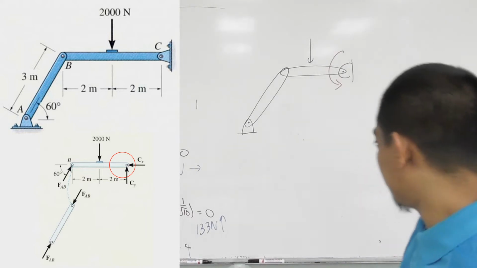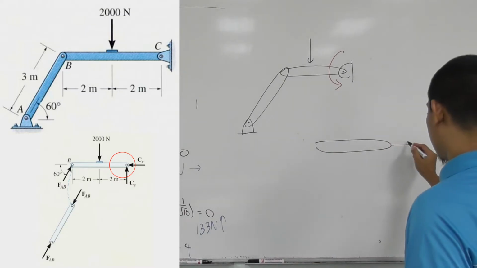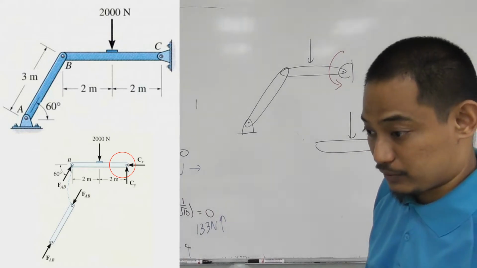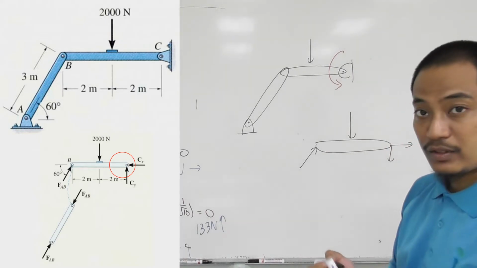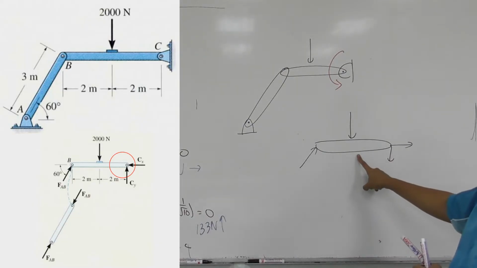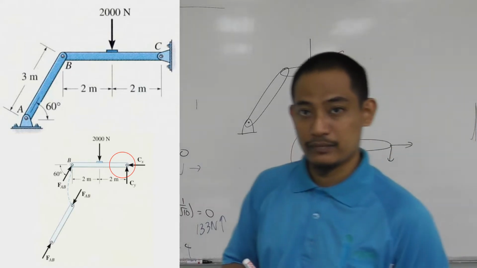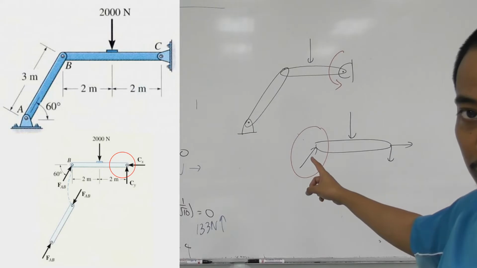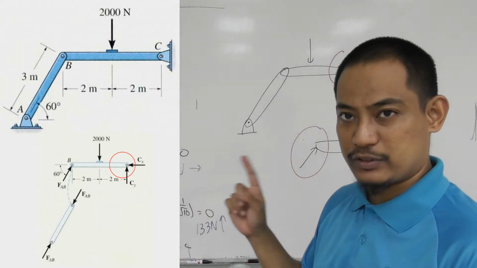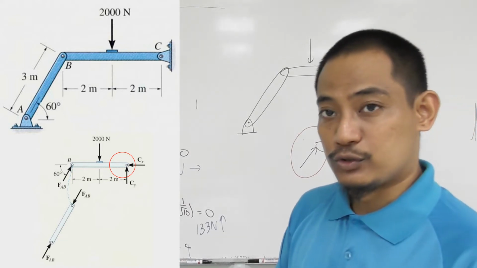Member BC is drawn with the free body diagram something like this. Basically you have X and Y, and that direction is an assumption anyway. So how will you change the free body diagram at point B there?